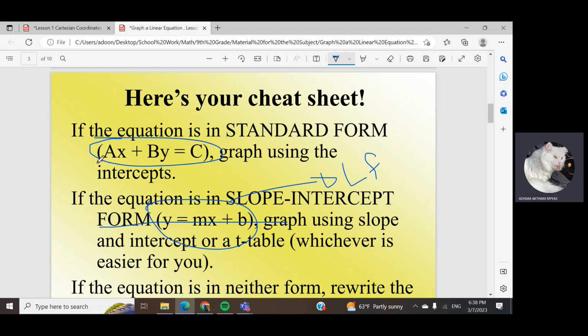Here we can see that ax plus by equals c. It's also similar to this equation. Just by putting y as the subject of the equation, we can have it like this: minus a over b x plus c over b.